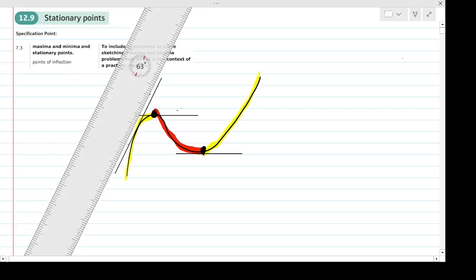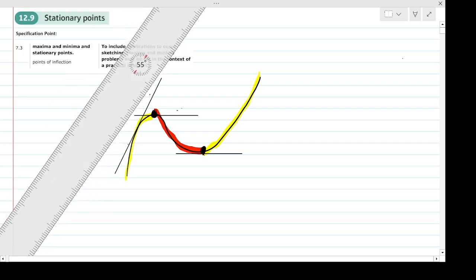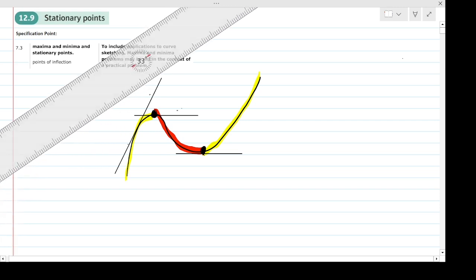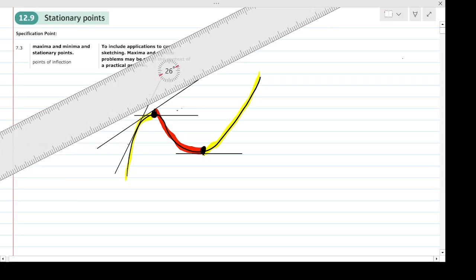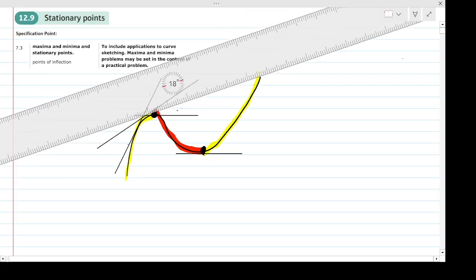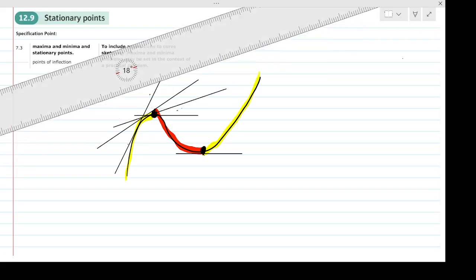Then as we edge towards that point that I've circled and marked, that's my new tangent. As I'm moving closer to my point, the lines are getting less and less steep, and eventually, if I get rid of all this, we get a completely flat tangent line. And it's the same story here as well.